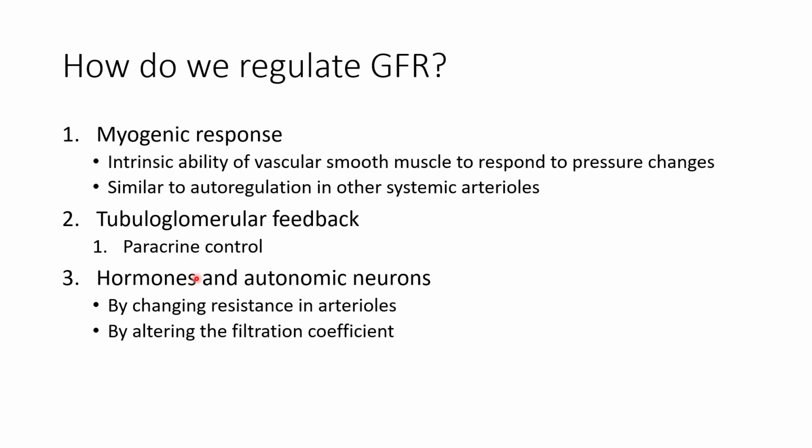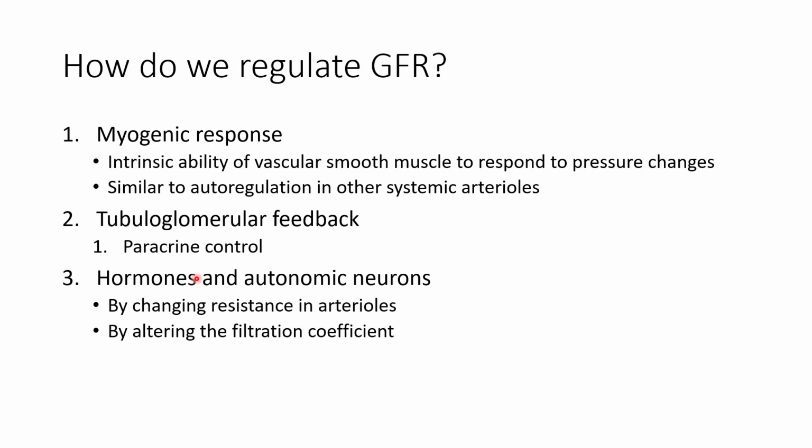The second control mechanism is something that we call the tubuloglomerular feedback loop. This feedback loop is under paracrine control, and we'll talk about it on the next slide. And that last mechanism is through both the autonomic nervous system and hormones.